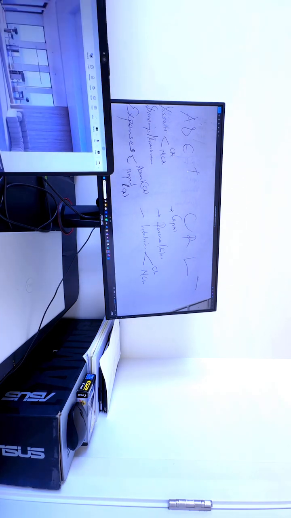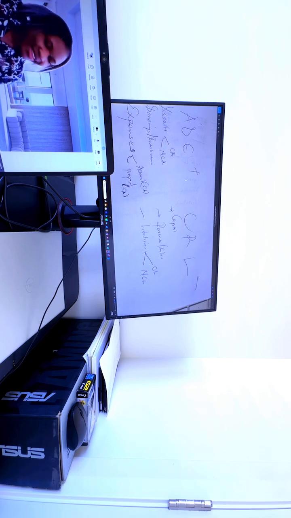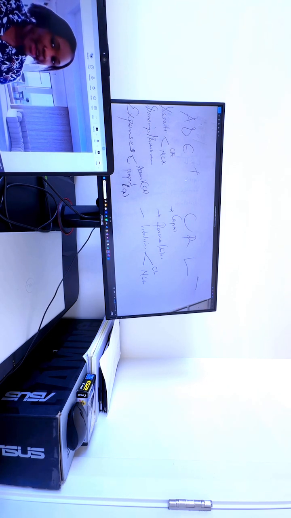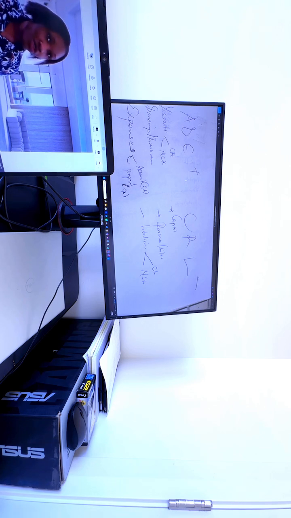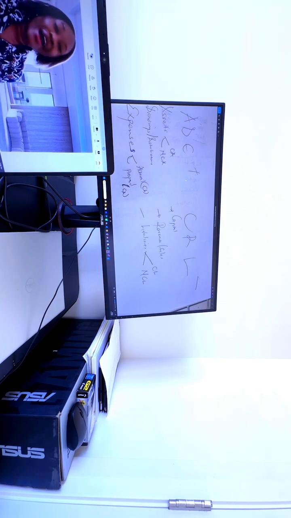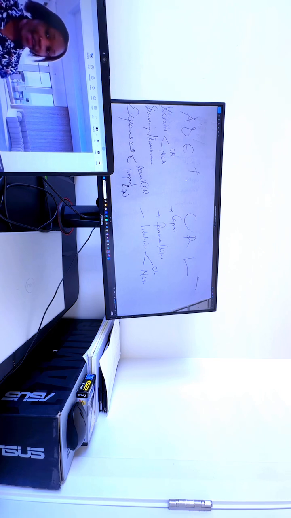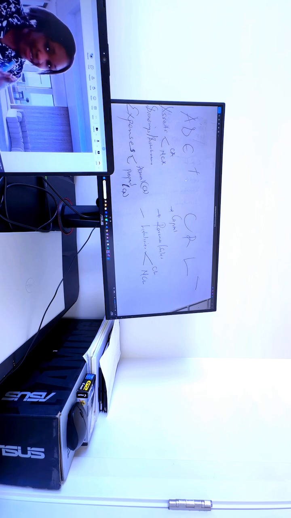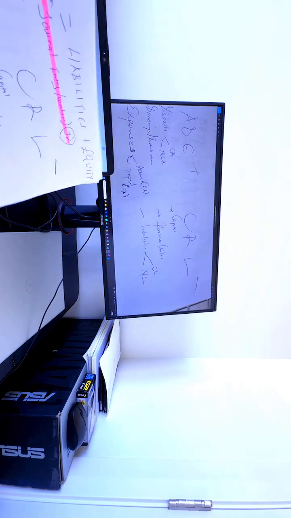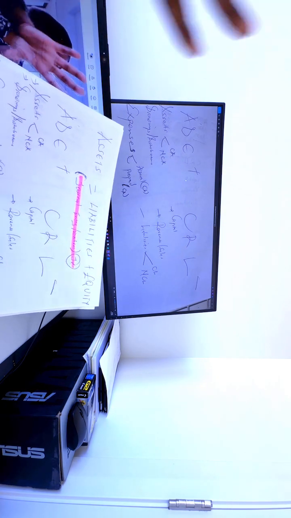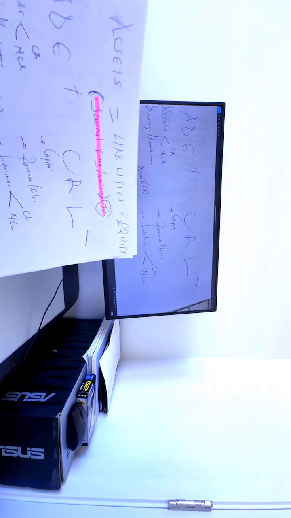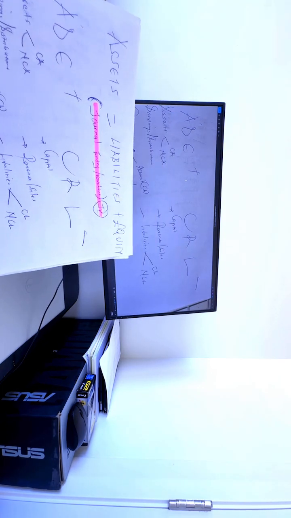Assets increase by debiting, by adding, meaning anything you're dealing with when it comes to journal entries, if it is about an asset, the default position is adding, debiting, increasing by debiting, unless we are disposing or we are dealing with depreciation. That is something advanced we shall talk about some other day. Today I'm interested in telling you which accounts are going to be increased by debiting and which other accounts are going to be increased by crediting.